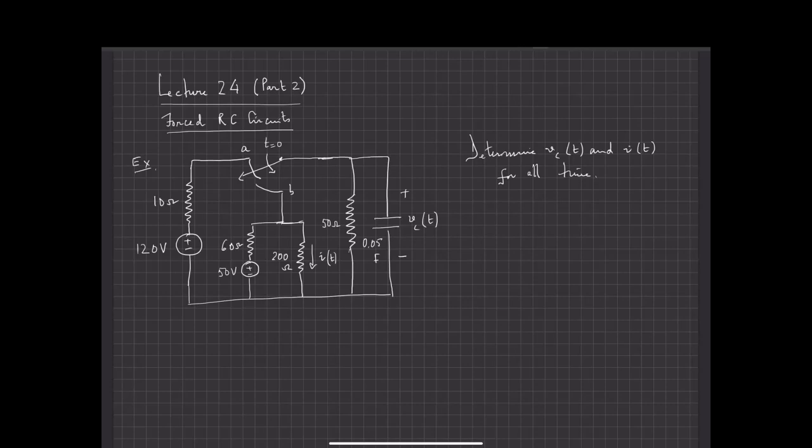And so in step 1 of the game, you look at the circuit for t equals 0 minus.